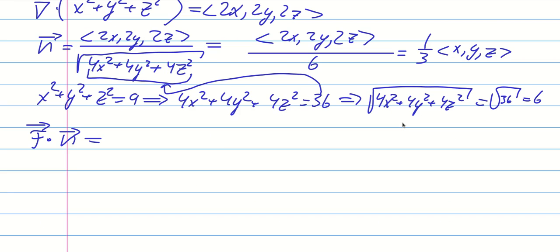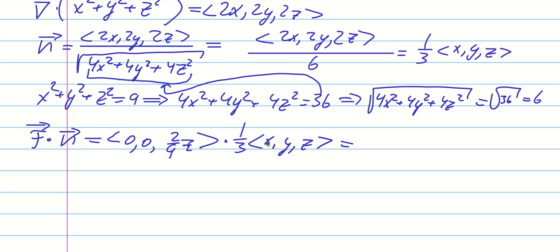Alright, so f dot n will be 0, 0, 2 over 9 z dot 1/3 x, y, and z.